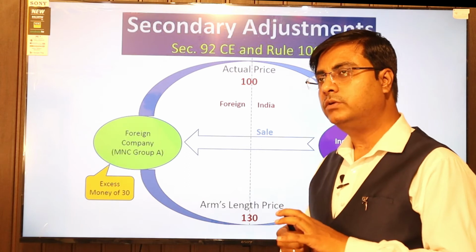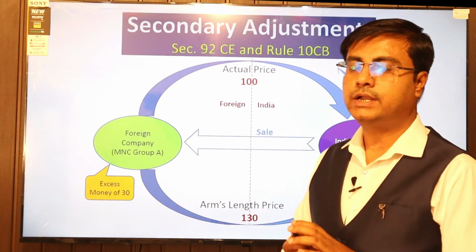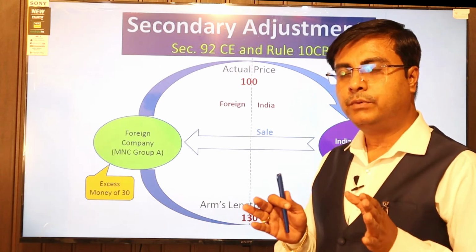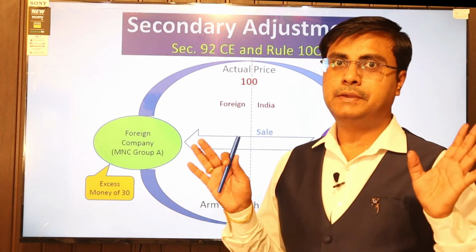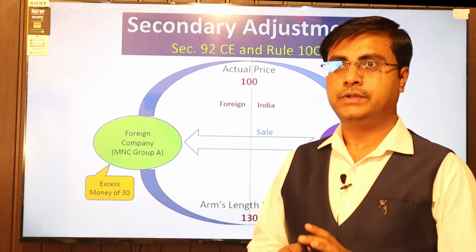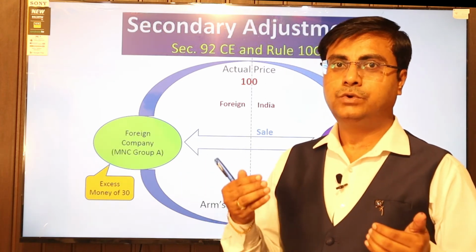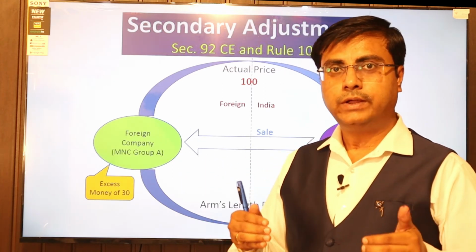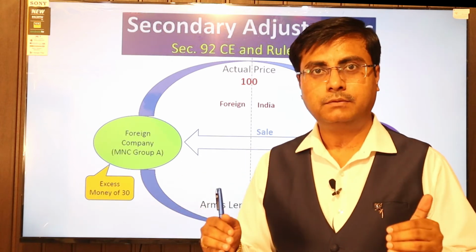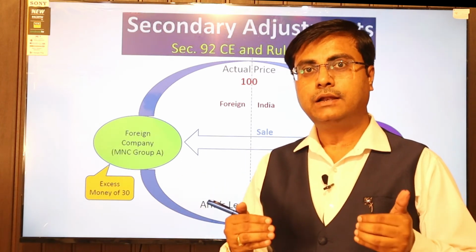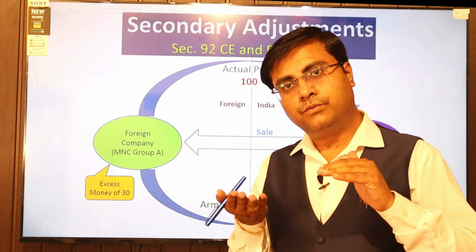Here I will also discuss what is the corresponding adjustment. Corresponding adjustment is still not in the Indian TP regulation. It is as per the treaty. Suppose you are going through MAP, mutual agreement procedure, and the competent authorities allow you.